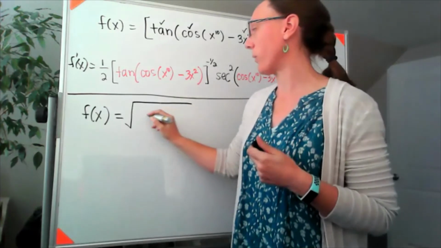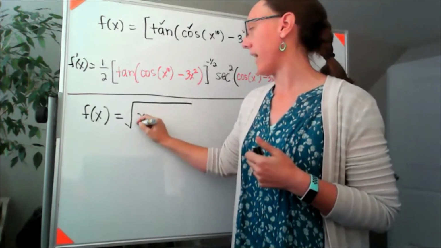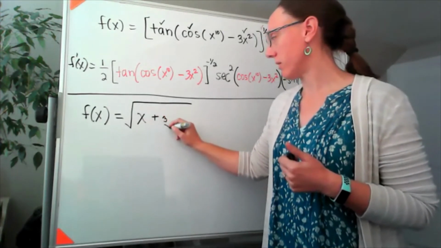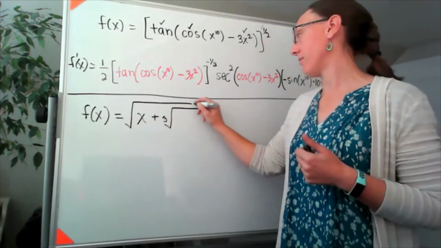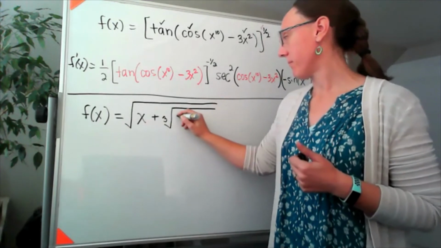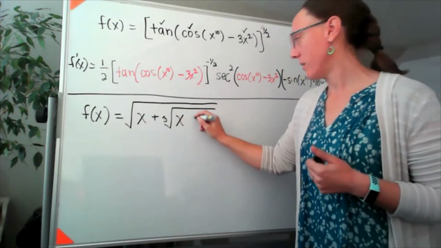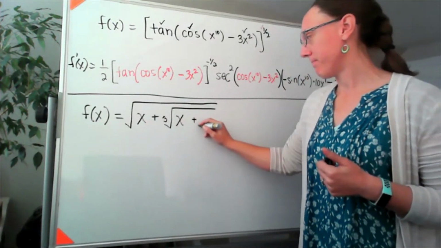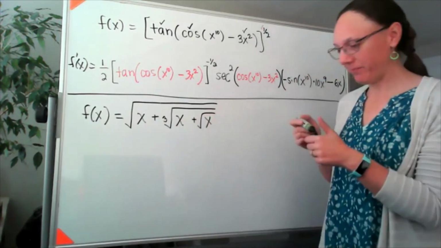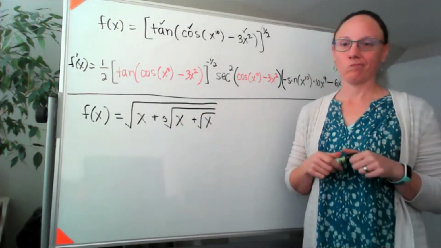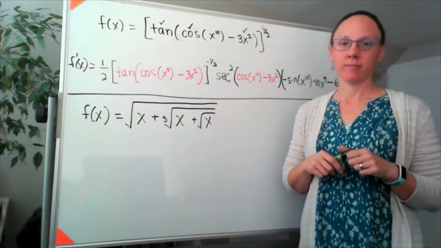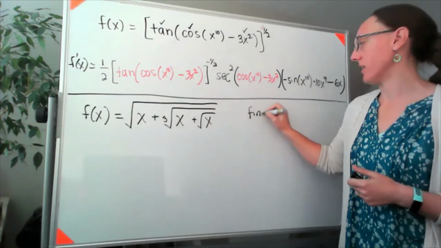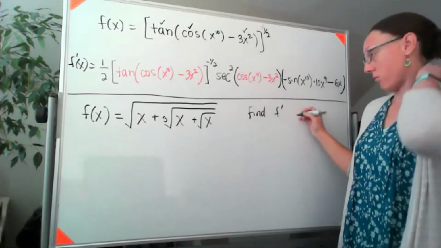But let's do the square root of x plus the cube root of x plus the square root of x. And I want to find f prime.